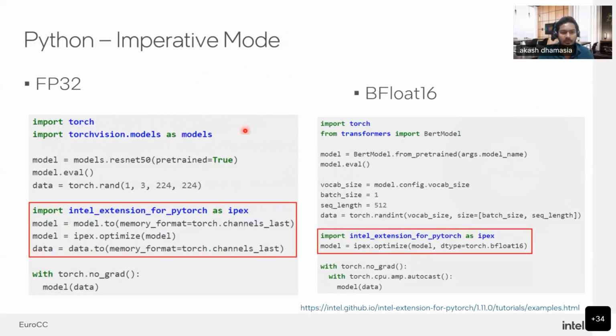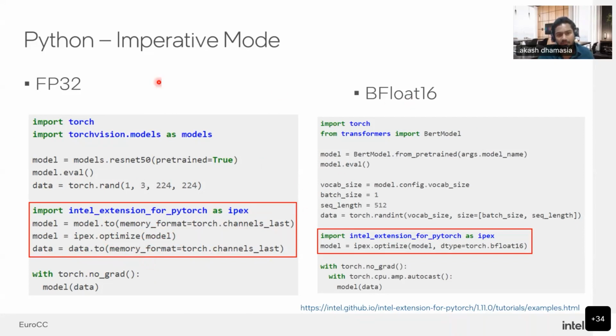In imperative mode, you can just use 3 or 4 lines of code: add Intel extension for PyTorch as IPEX, and then convert your model to torch.channels_last. Like I said, in memory layout, it can make your application faster. You just call ipex.optimize on the model, and you also do it for data, changing the memory format to channels last. With just 4 lines of code, your application can become faster.